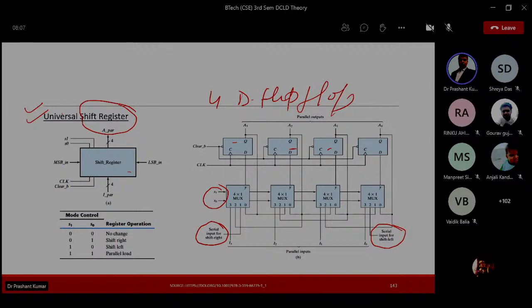Input 0 in each multiplexer will be selected when S1 and S0 are 0. So if you want to select input 0, both should be 0, and when you have to select input 1, your S1 S0 value will be 0 1.